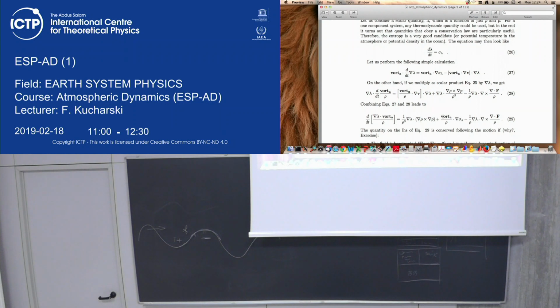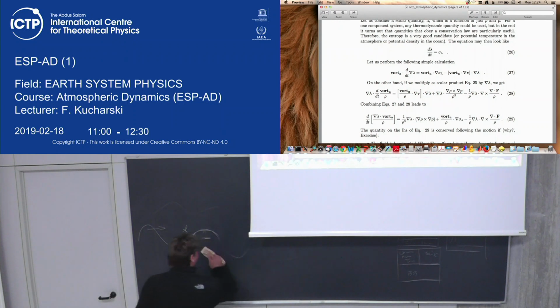First of all, if lines of constant pressure and lines of constant density are parallel, then this cross product vanishes. That's a simple case. But it's enough, since we use this trick, to multiply this by gradient lambda.